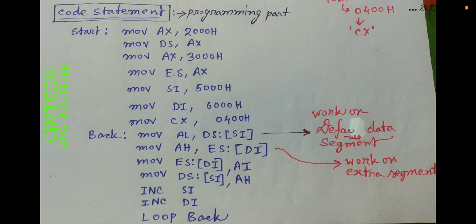Increment SI, increment DI, LOOP BACK. By this instruction LOOP BACK, we go to the BACK label, by which we execute the program repeatedly as a loop. So my friends, it is a very simple and short program for block exchange without string instruction.